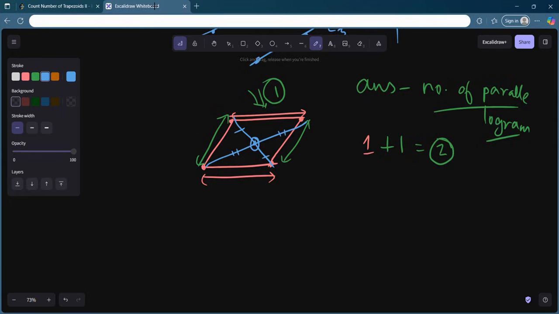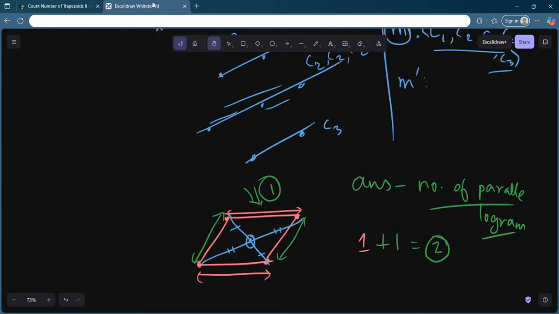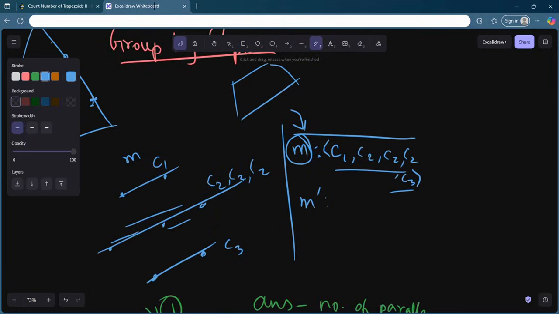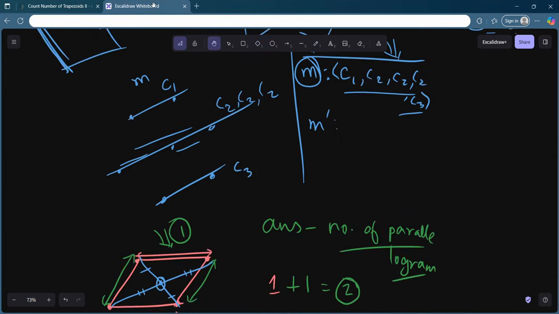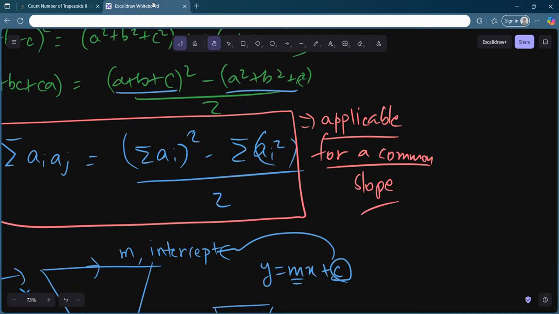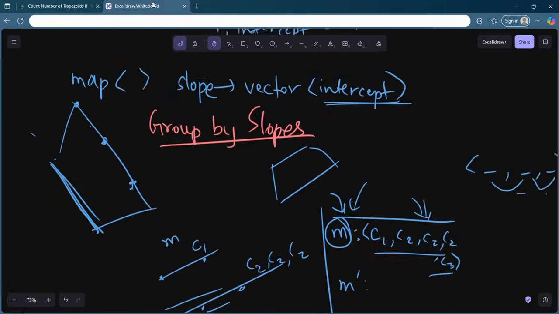This is the thing. At the beginning I was grouping by slopes. For that I need to calculate the slope, and I have a vector of points given to me in the initial question. So I am taking every pair of points, calculating the slope and putting them in this map, and also calculating the value given by this common slope formula.